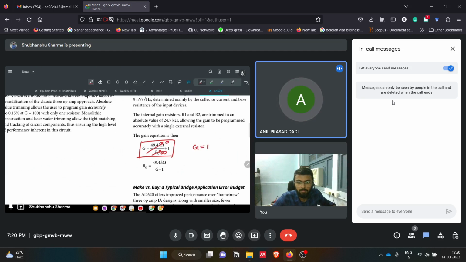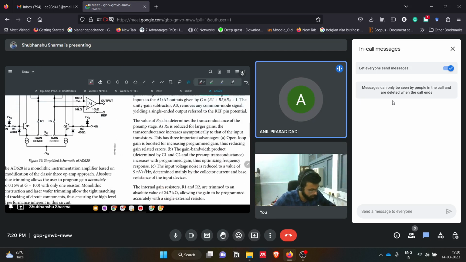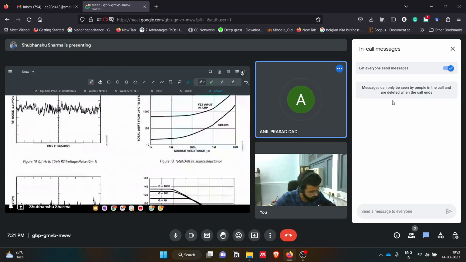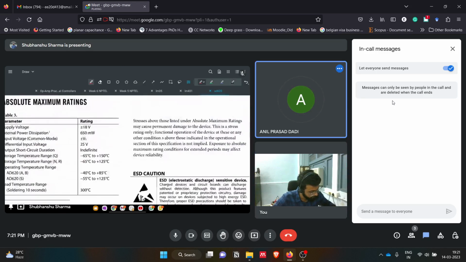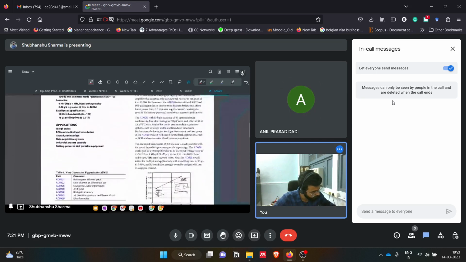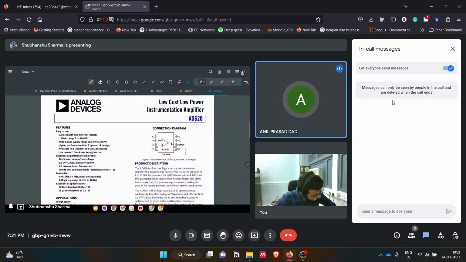Infinity means we need to take a large value. Now I will show how you can make RG infinity. When you see the pin diagram, RG we have to connect between these pins. Between the first pin and the eighth pin we have to connect the resistor.